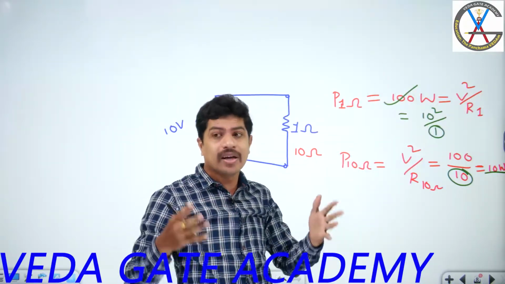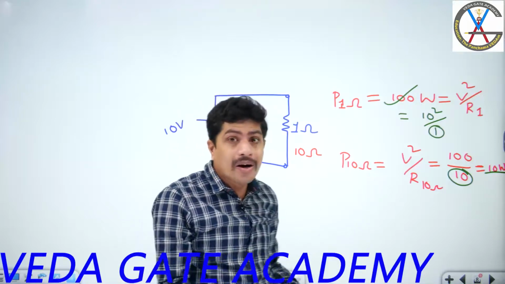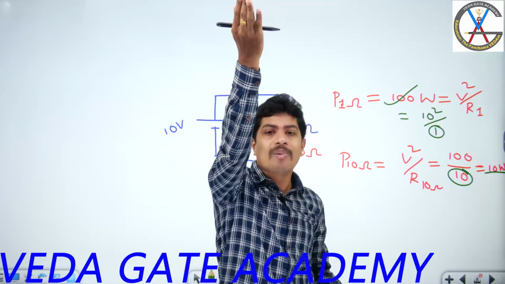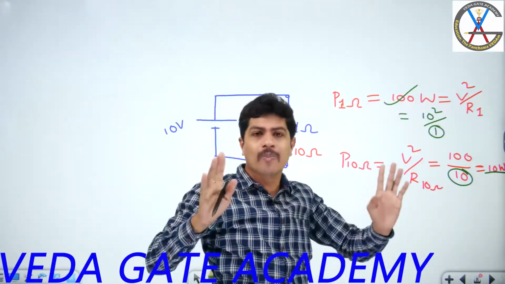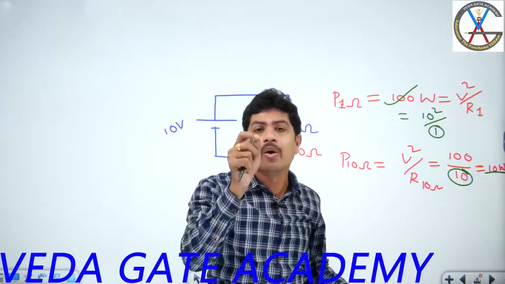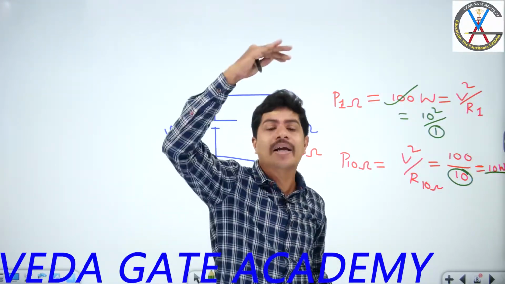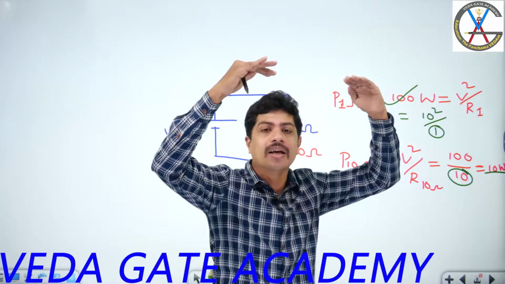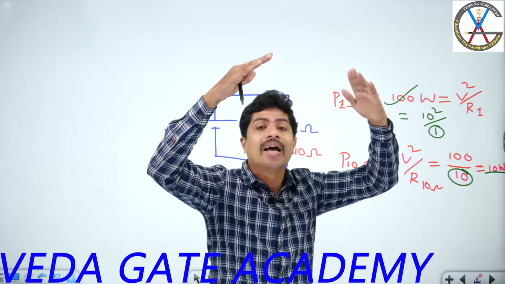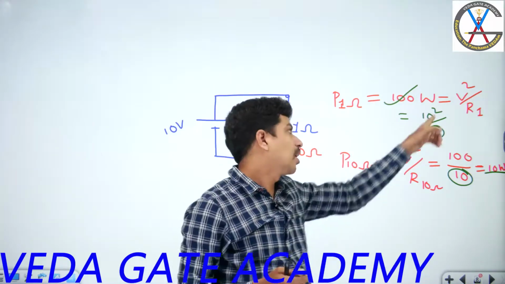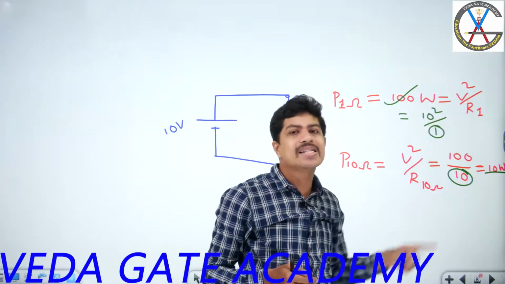Very carefully you have to understand. Load means power. Neither voltage nor current. Load is high, load power is high. Power is high means impedance should be less, V square by R or V square by Z.